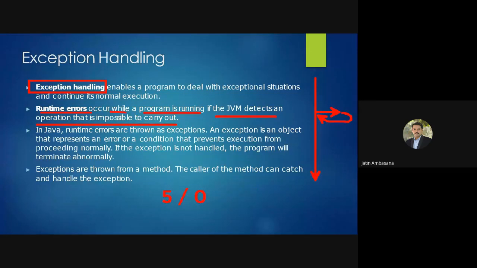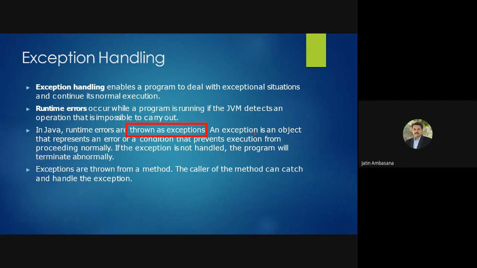This operation is impossible for the JVM to carry out, so runtime errors occur. The JVM throws it as an exception, saying this is an abnormal situation and the program cannot continue. Java allows us to catch it and handle it.